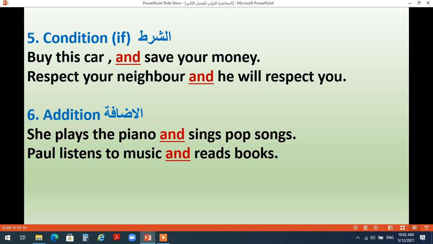Number 6, the relationship of and is addition، الإضافة، يعني نستخدم and لمجرد تدل على معنى الإضافة. For example she plays the piano and sings pop songs. إذن هنا لدينا إضافة، شيئين متناسقين أو متماثلين.